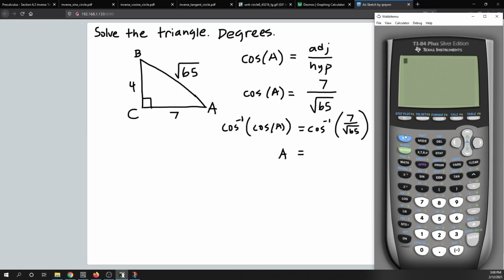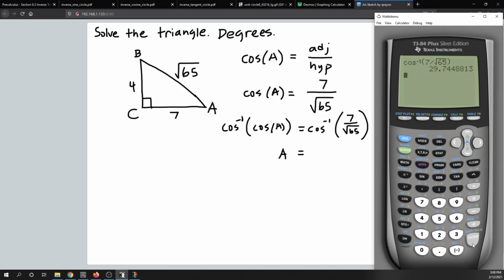And then what we want to do is inverse cosine of 7 divided by the square root of 65, and then right arrow, like so.